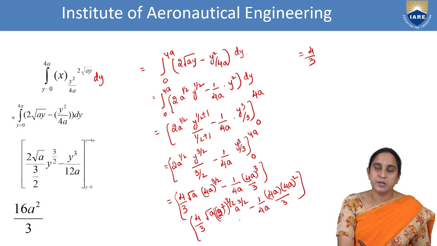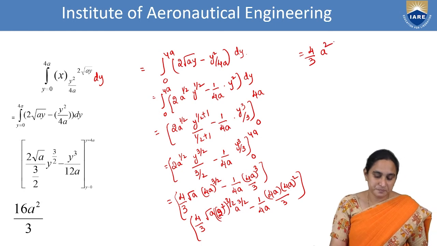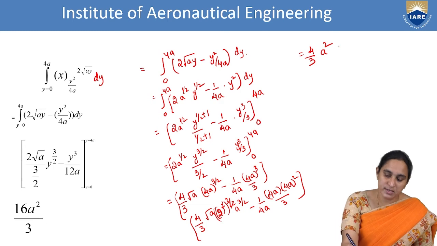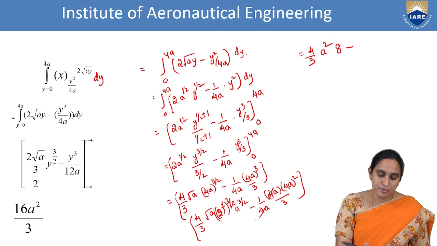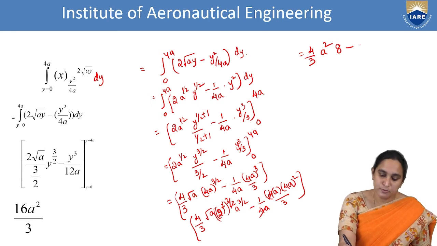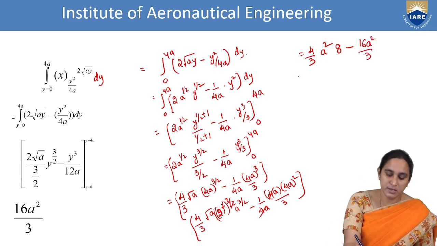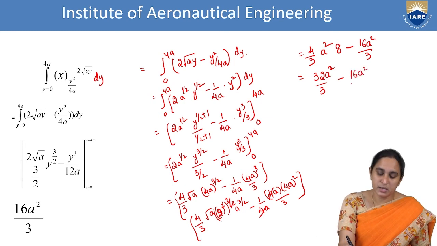Root a means a power 1 by 2, into a power 3 by 2, that is a square. Minus, here 2 square power 2 cancels, that is 2 cube as 8, minus 4a cancels, and 4a whole square means 16a square by 3.